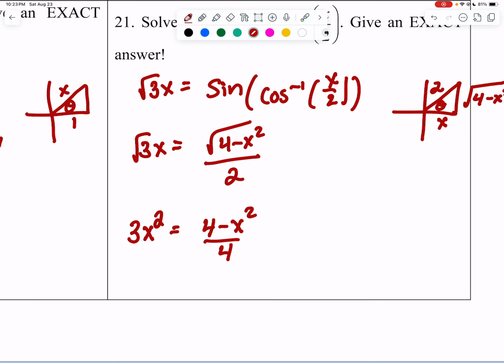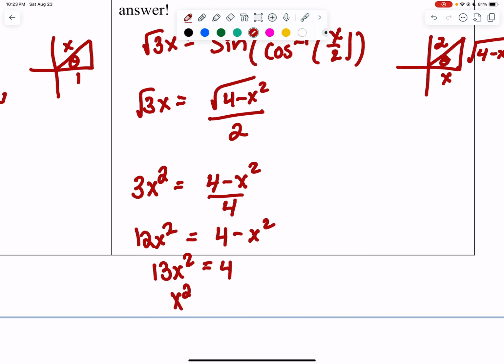I'm going to solve this, so then I'm going to get 12x squared is equal to 4 minus x squared. Then I get 13x squared is equal to 4. x squared is equal to 4 over 13. So that means that x is equal to plus or minus 2 over root 13.